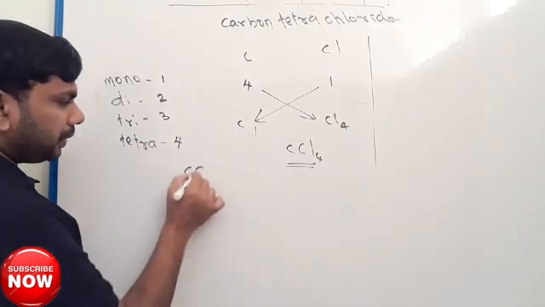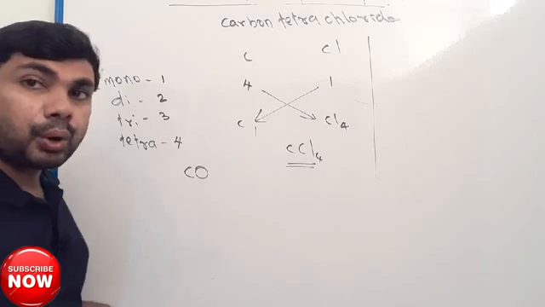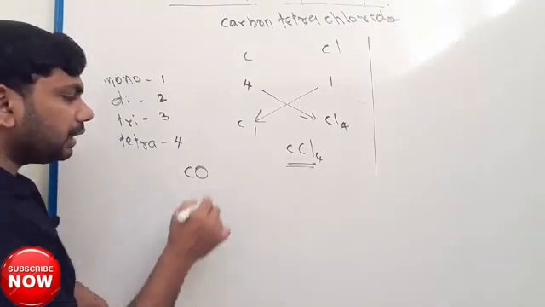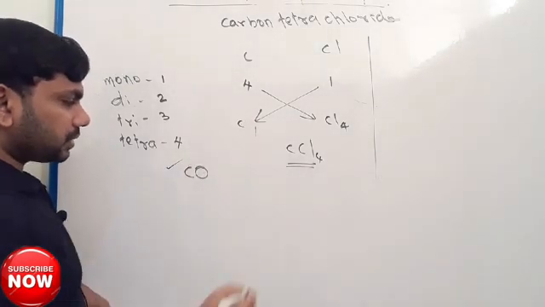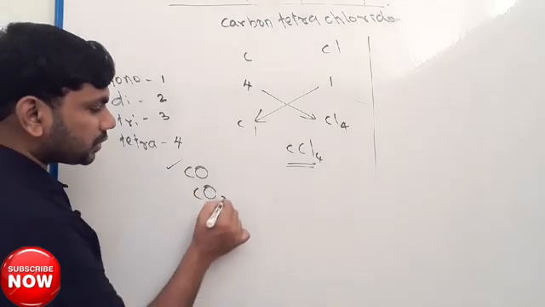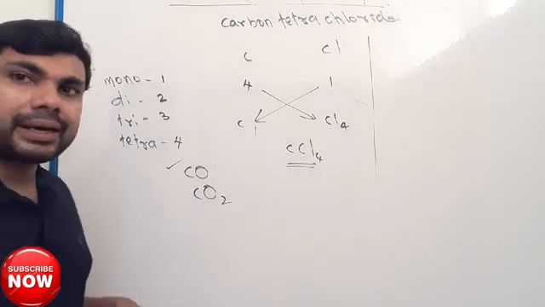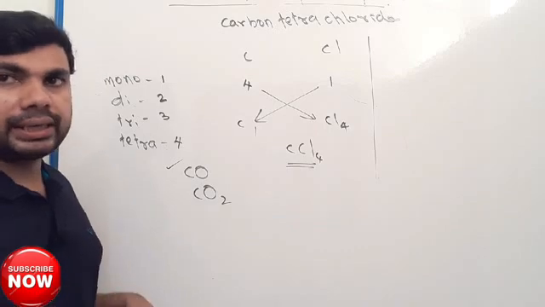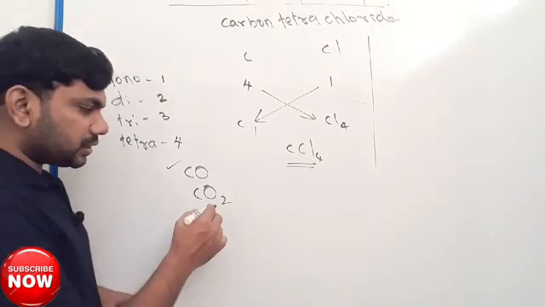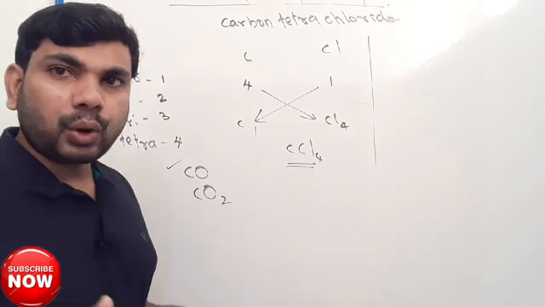Look here, carbon monoxide. Monoxide means 1 oxygen. Carbon dioxide. Dioxide means 2 oxygen. That's why carbon dioxide.